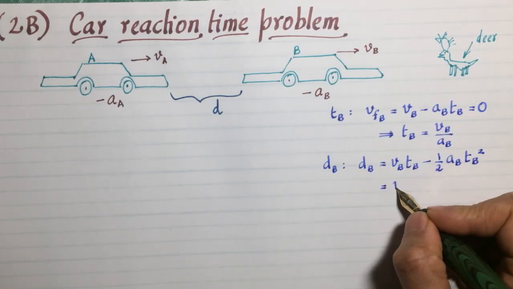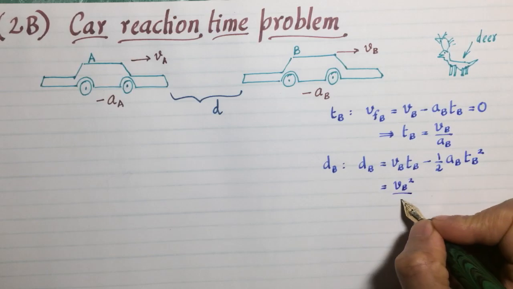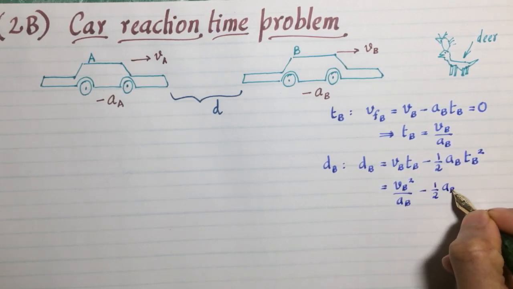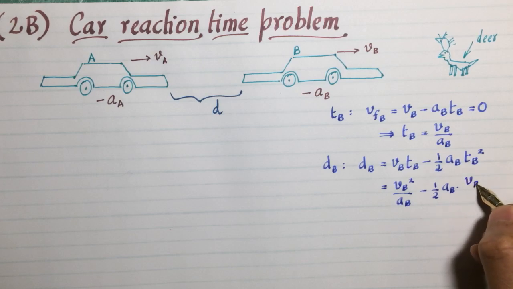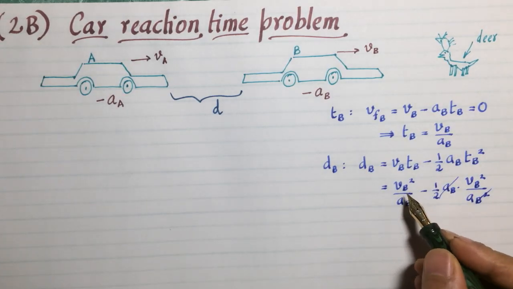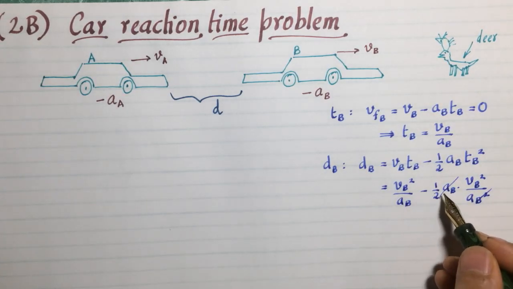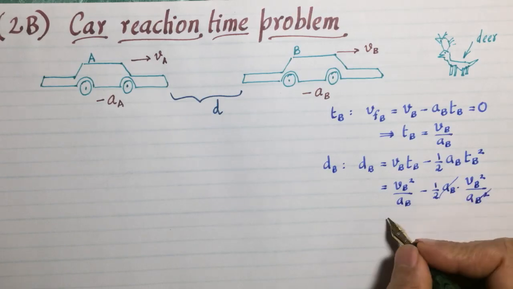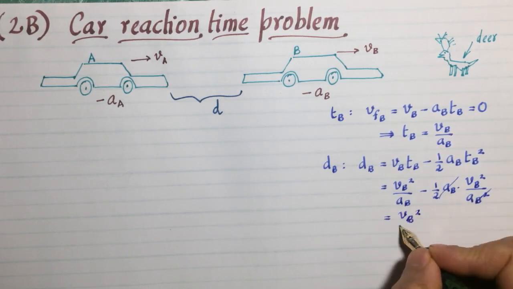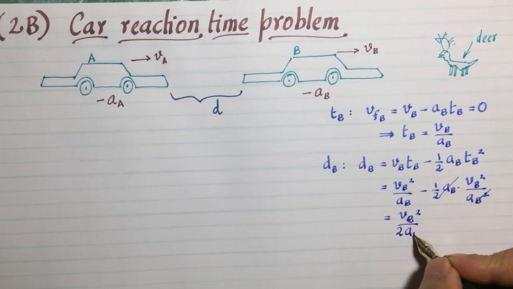So I'll get v_B squared over a_B, minus 1/2 a_B times v_B squared over a_B squared. One of these a_B's cancels out. Now look at what I have. I have v_B squared over a_B minus half of the same thing. So the final answer is just v_B squared over 2a_B.